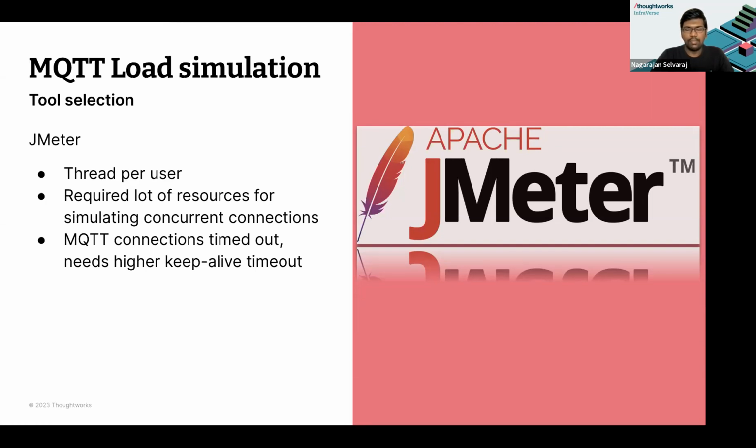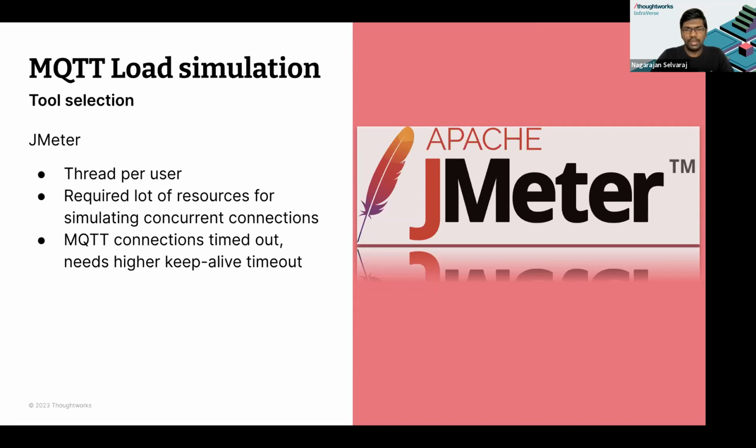In our case, we had to simulate an MQTT connection per device, so we have to model each and every device as a thread in JMeter. With threads being a costly resource in Java, it definitely required a lot of memory and CPU at the start. So we used bigger machines to set up JMeter.